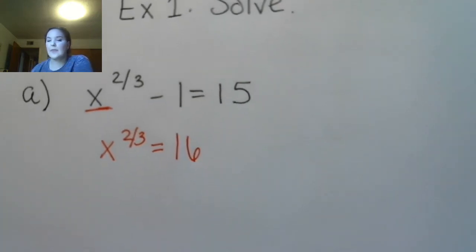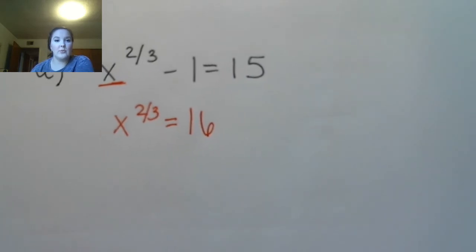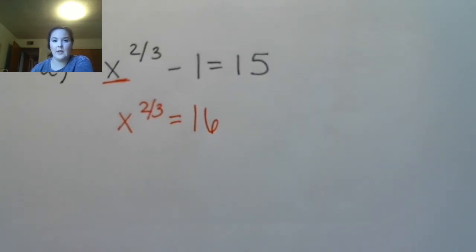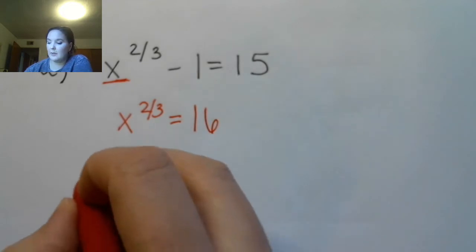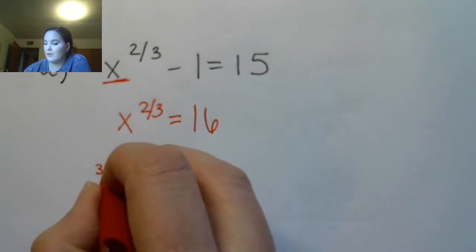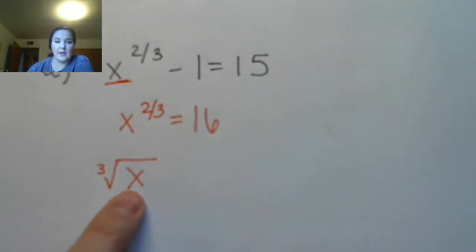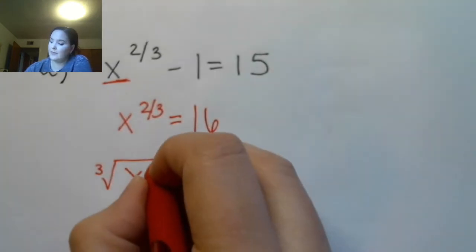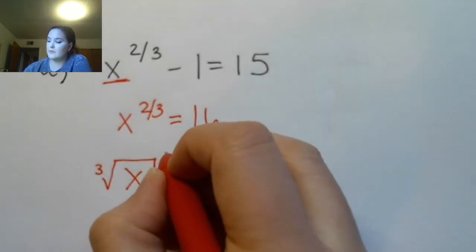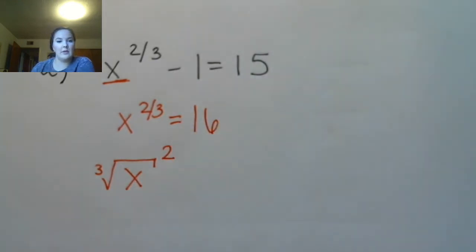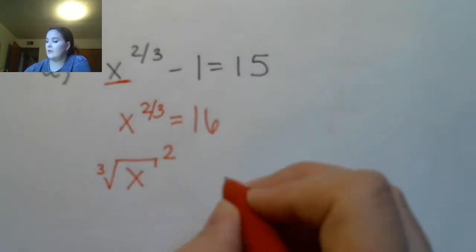Now we're going to change to radical form. So remember the denominator becomes the index of the root, the base becomes the radicand, and the numerator becomes the power.